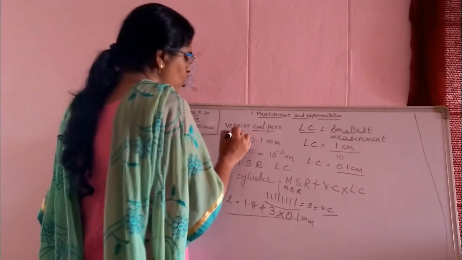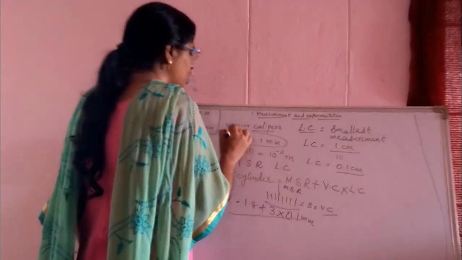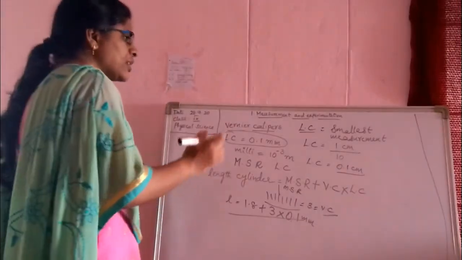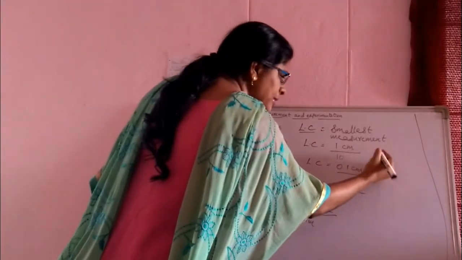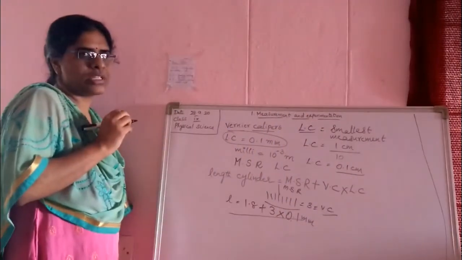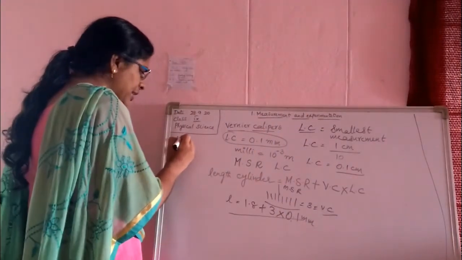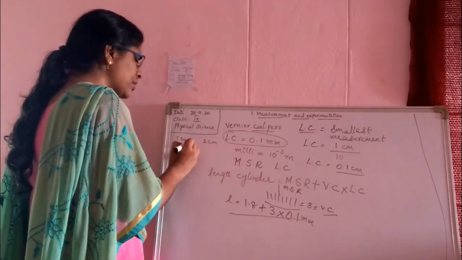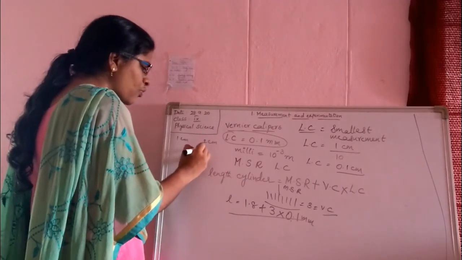Here, how to find the least count of the vernier calipers? Now for this, on the vernier calipers, similar to your scale on the MSR, for each division 1 centimeter, 2 centimeter, there is a difference of 1.